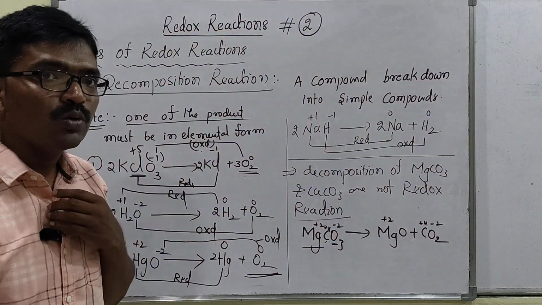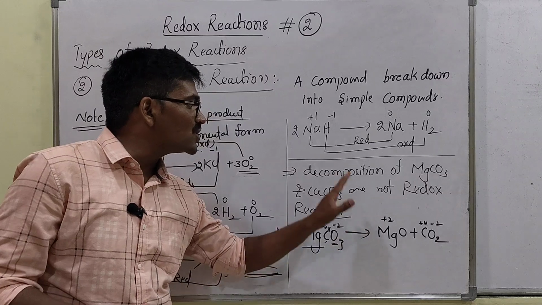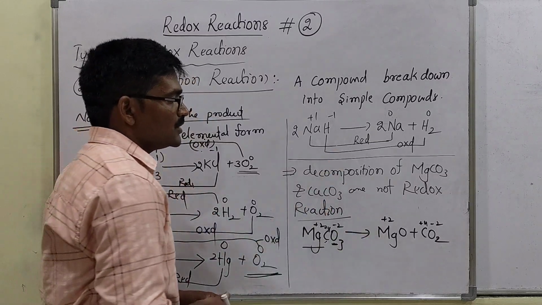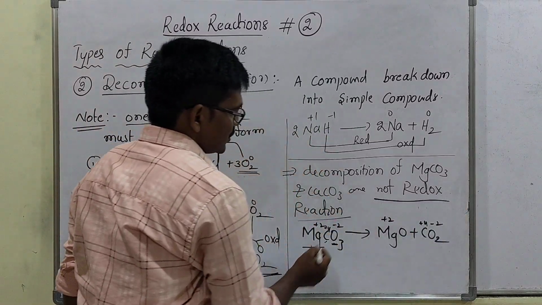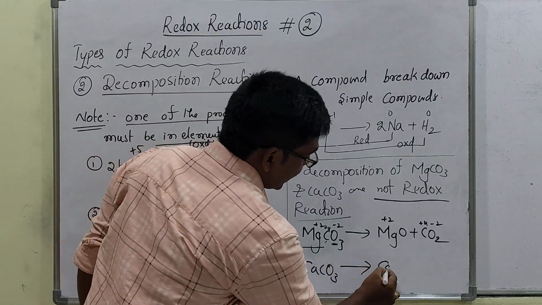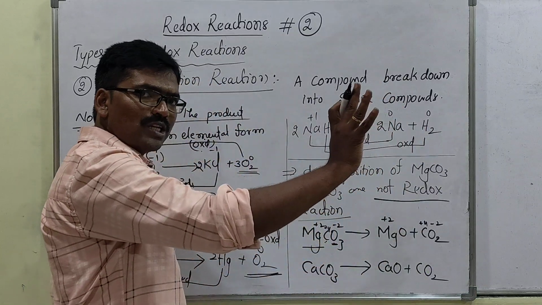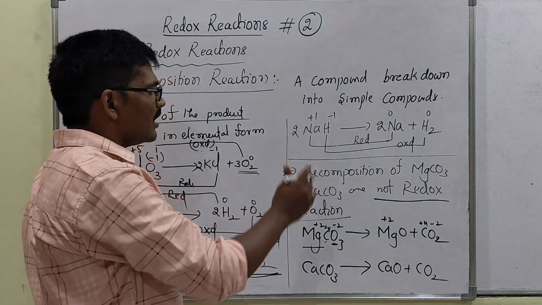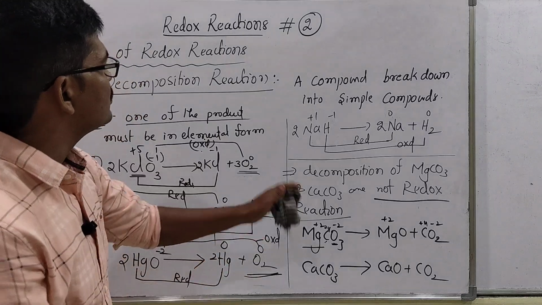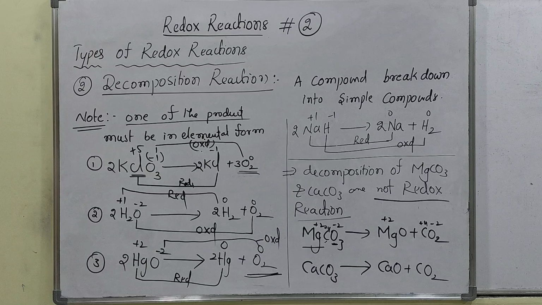So that's what I told you: it is not a redox reaction. Even CaCO3 can be decomposed into CaO plus CO2. The oxidation states do not change, so it is not a redox reaction. Clear, my dear students? Then we'll discuss one more. Just note all these examples.